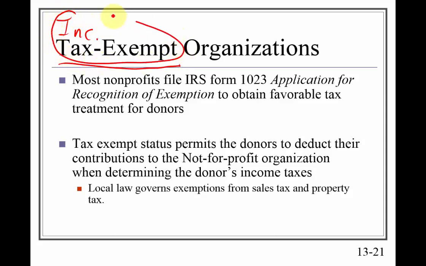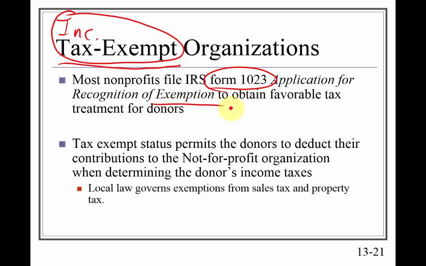If you're exempt from federal income taxes, you're probably also going to be exempt from state income taxes, not counting any real estate tax or excise tax. To get this tax exemption, you have to file Form 1023 with the IRS. Now, this does not make you a charity. It just makes you tax exempt if you get that approval.